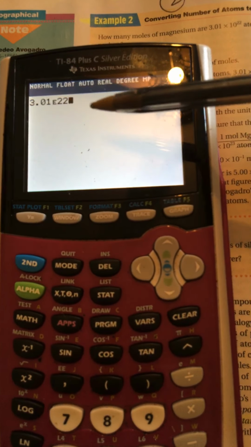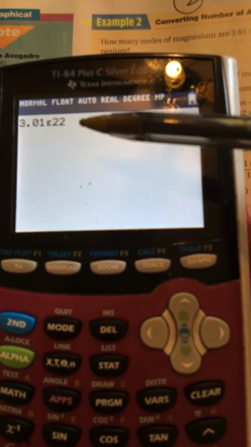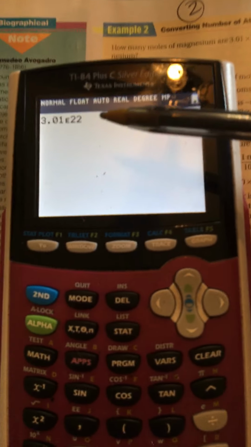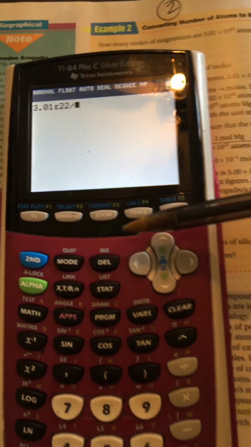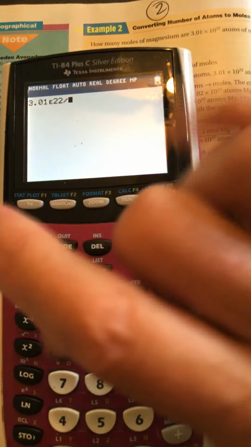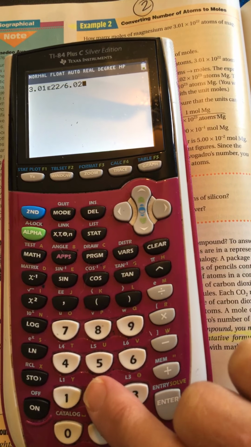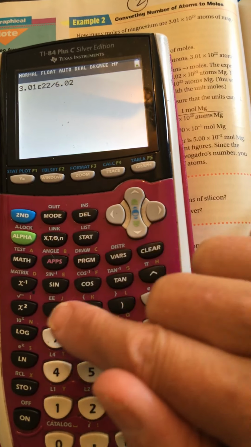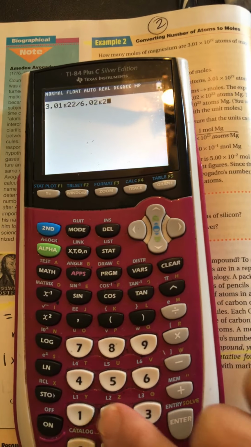Your calculator knows that this number is that number, and that's how we tell it to our calculator so it knows what we're talking about. Now we say numbers on bottom we divide, so I'm going to hit divided by, and Avogadro's number is also a scientific notation number, so I'm going to put it in 6.02, and then times 10 is second comma, that's our E, and then it is 23rd power.